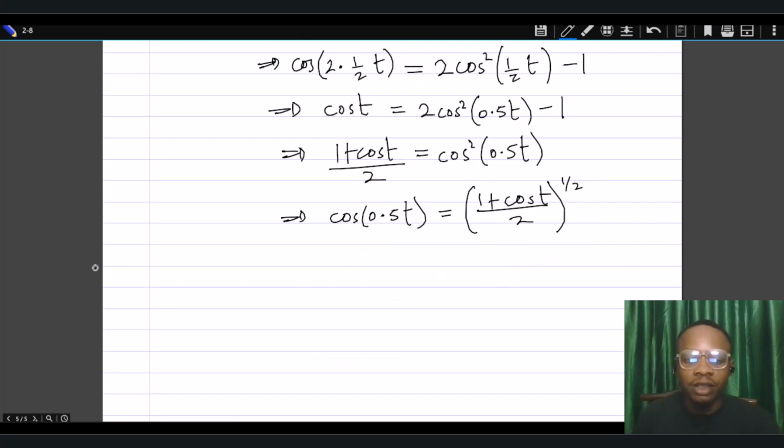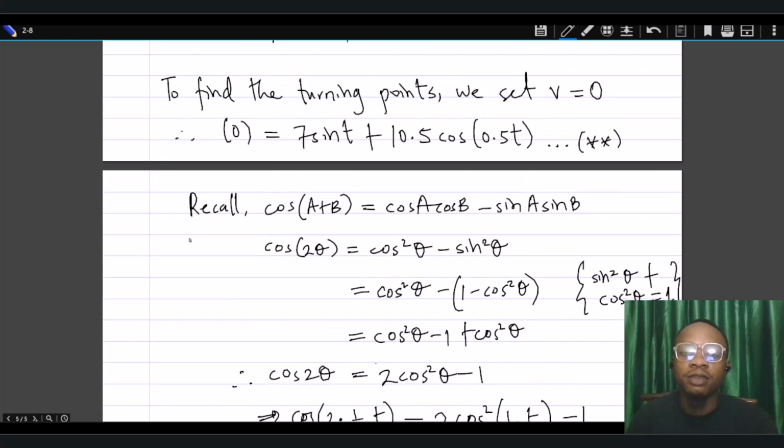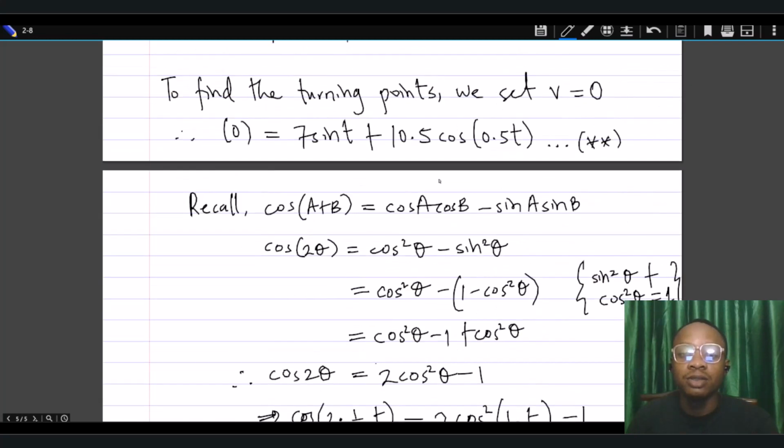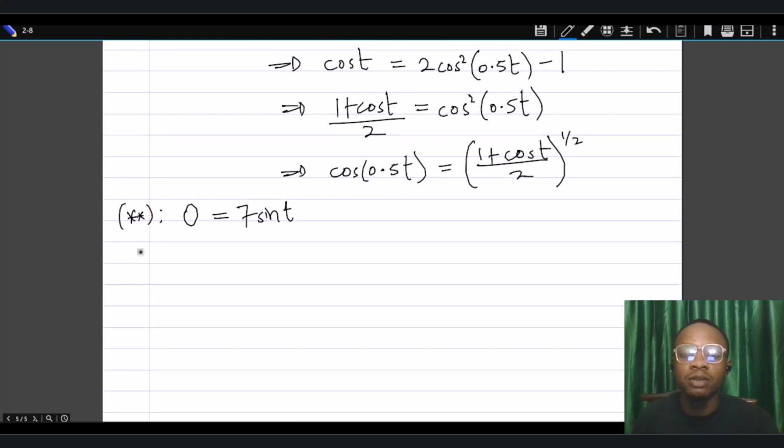We just put that up there once we're done with this. So it then follows that in equation star star we'll have 0 equal to, having found an expression for this, 7 sine t, then plus 10.5 into this expression, which is 1 plus cos t all over 2, to the power of 1 over 2.